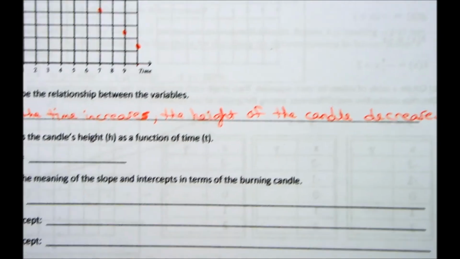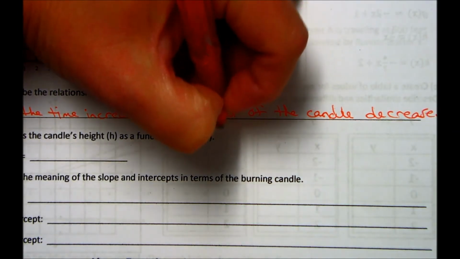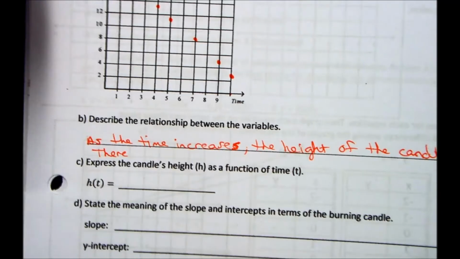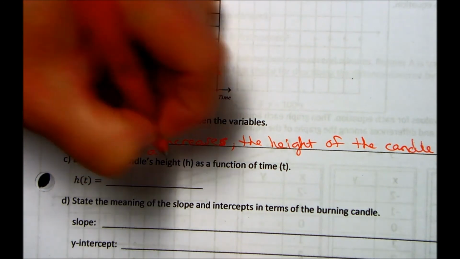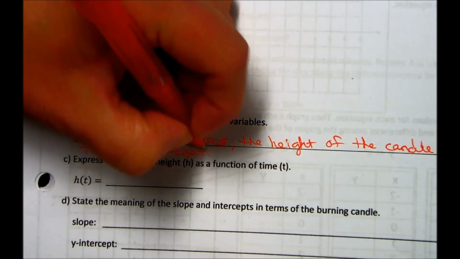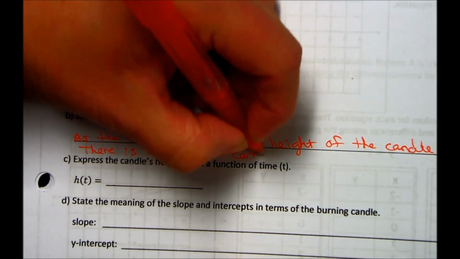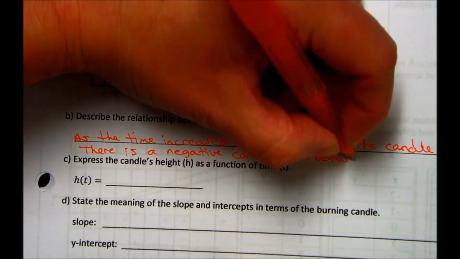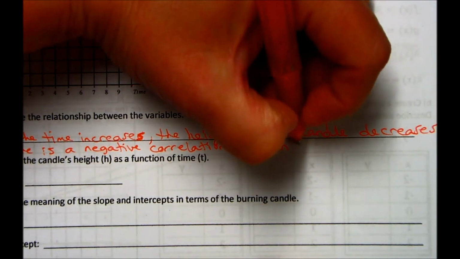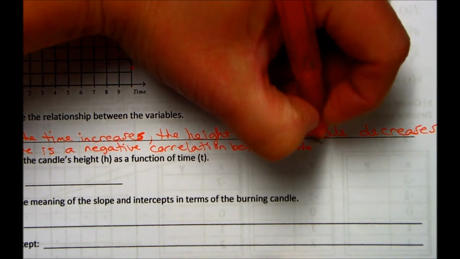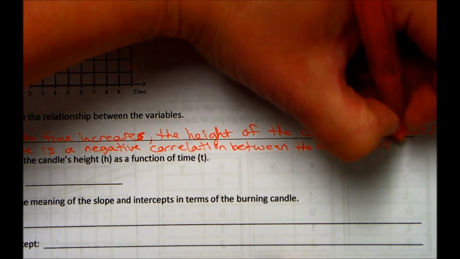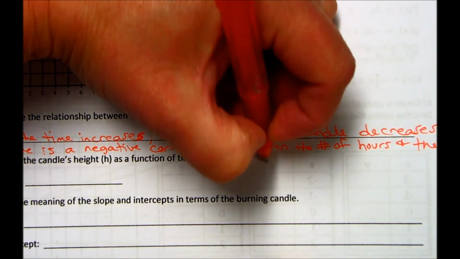And you could also say that there is a negative correlation between the time and the height of the candle, between the number of hours and the height of the candle.